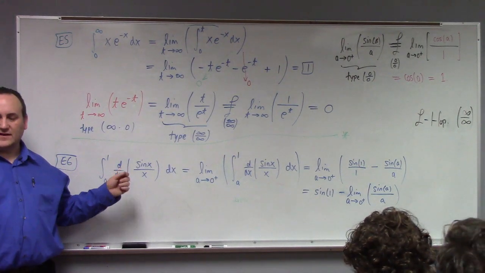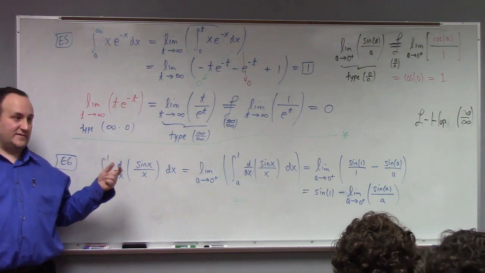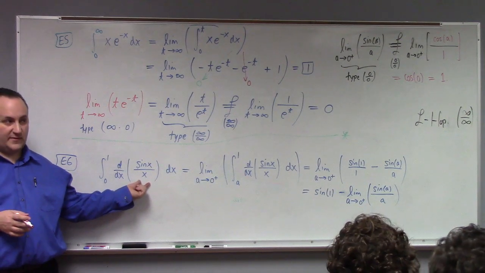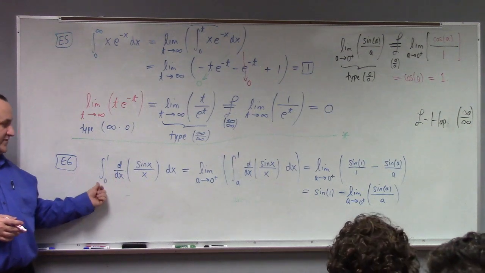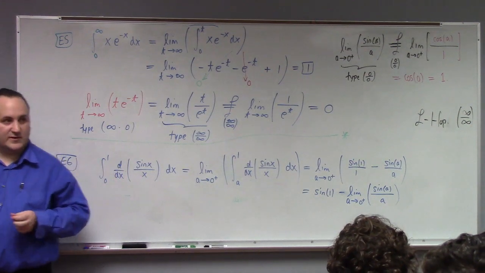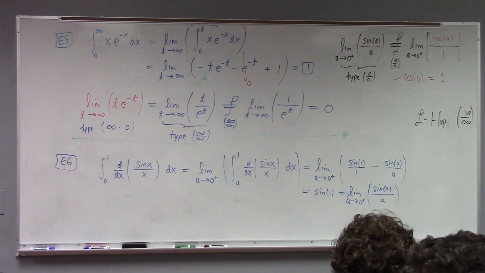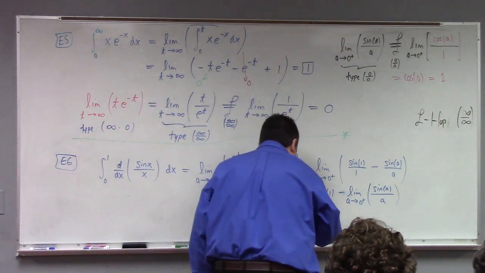Actually, this is not a bad example. The issue is kind of manifest and in your face here. This function is not defined at 0, yet we're integrating from 0. What do you have to mean when you write something like that? You have to mean it in a limiting sense. That's the other kind of improper integration. So anyway, long story short, the answer was sine of 1 minus 1.